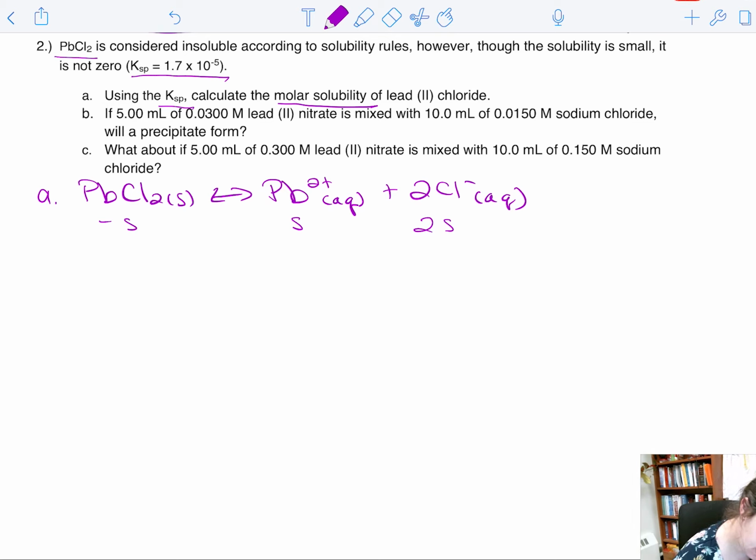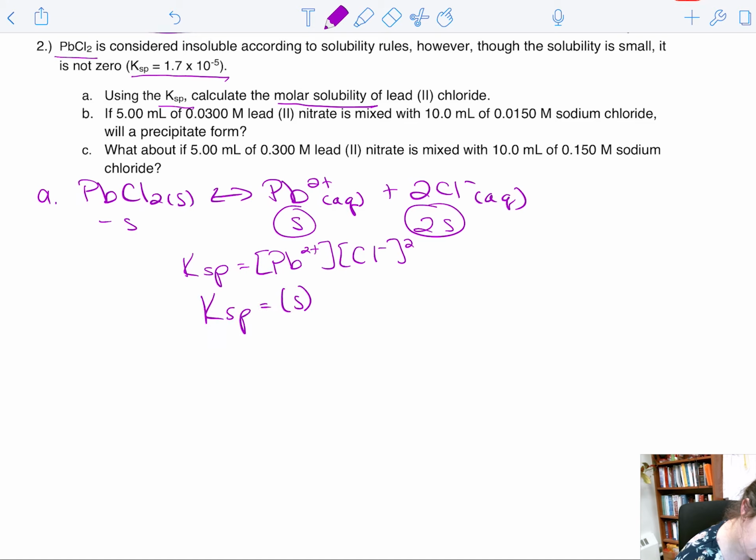So our Ksp expression would be equal to Pb2+ times Cl minus squared, and we'll put these values in for the concentrations. Ksp is equal to S times 2S squared, which gives us 4S cubed.